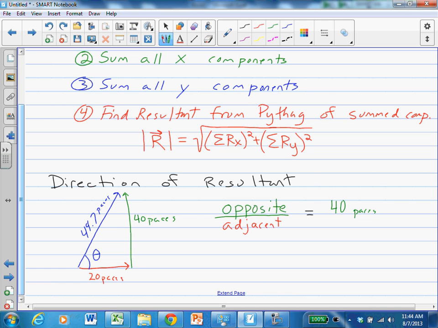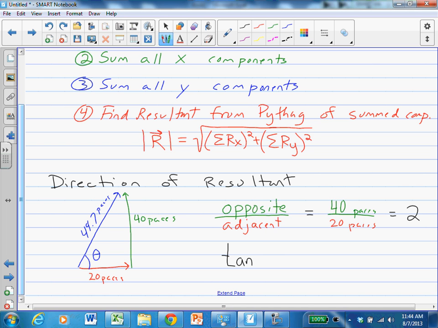Paces would cancel, so the ratio would just be 2. Now, what is the opposite over the adjacent? What trig function? It's tangent, isn't it? So tangent theta equals 2.